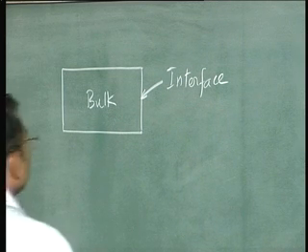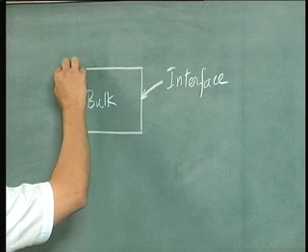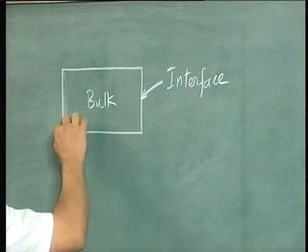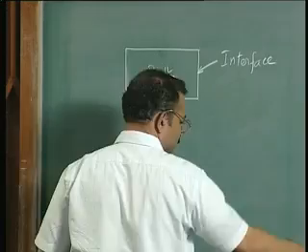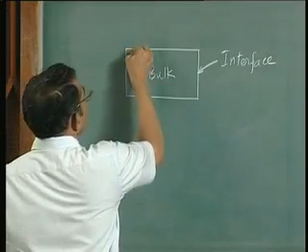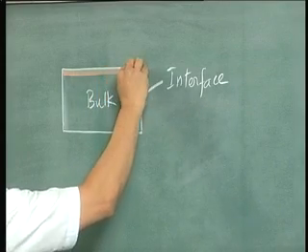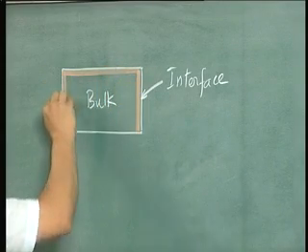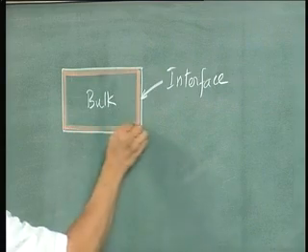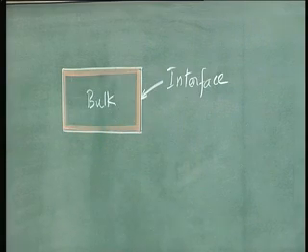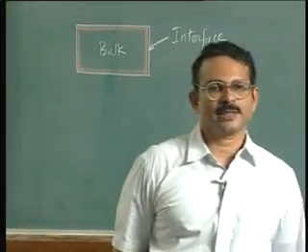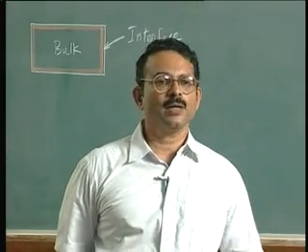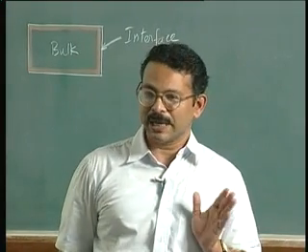Now strictly speaking, a small region near the interface is to be excluded from the bulk, because this region will be affected by the properties of the surface or the interface. So it turns out that the interface is as important as the bulk.